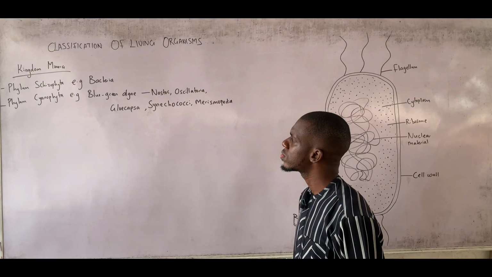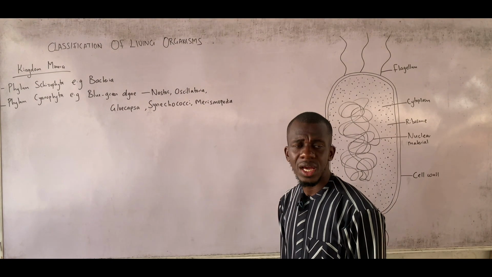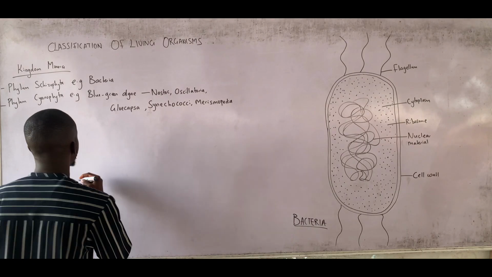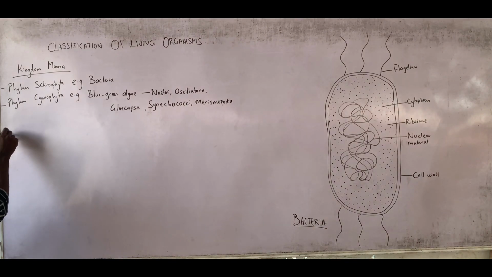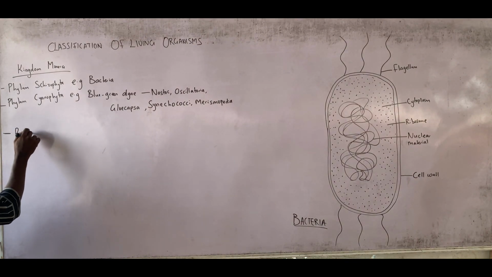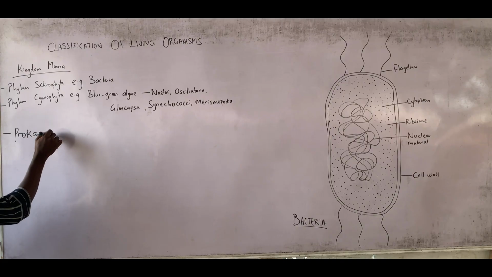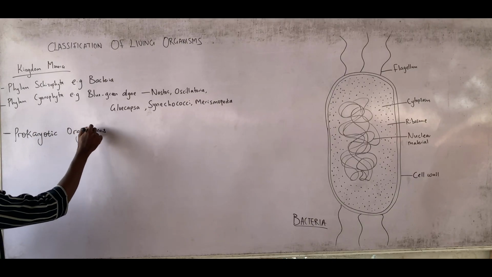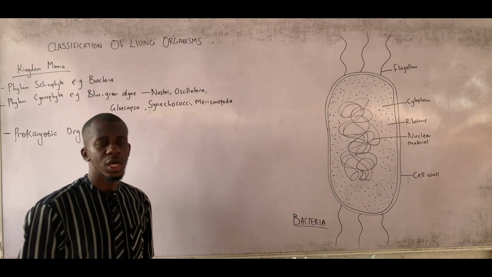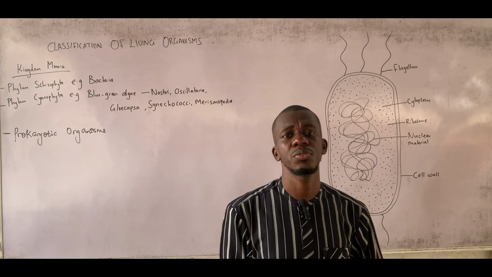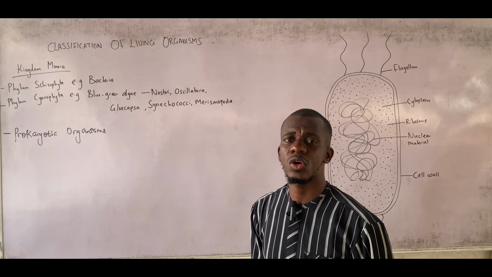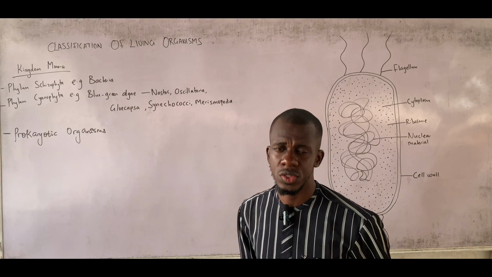Okay, so the Monerans are basically prokaryotes. They are basically prokaryotic organisms. So an organism is basically said to be a prokaryote when it lacks what we call a well-defined nucleus.